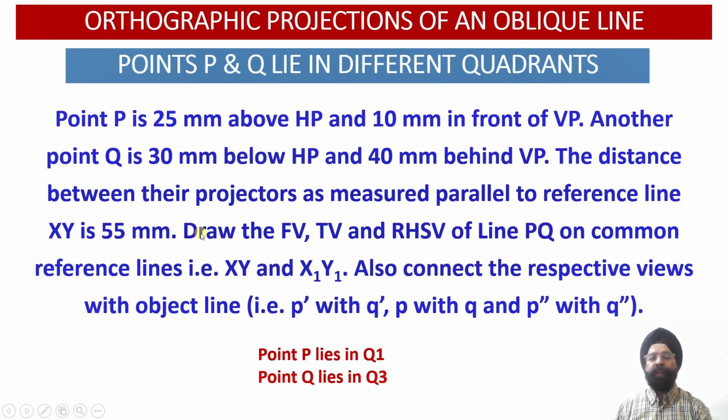So with this information we are required to draw the front view projections, the top view projections and the right hand side view projections of the line PQ on the common reference lines XY and X1 Y1, and we will also be connecting the respective views, that is P dash with Q dash, P with Q and P double dash with Q double dash over here.